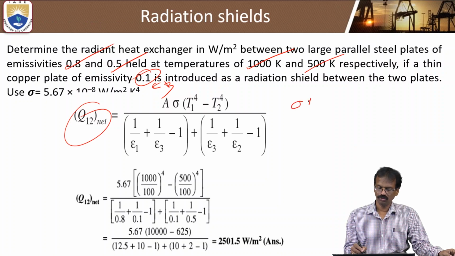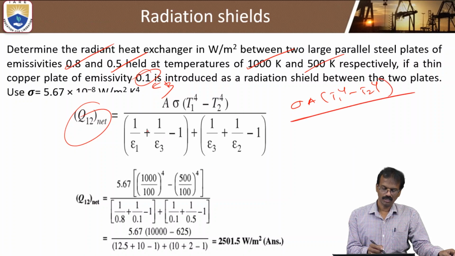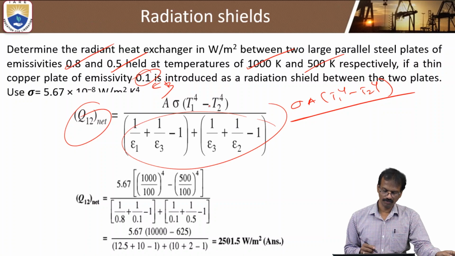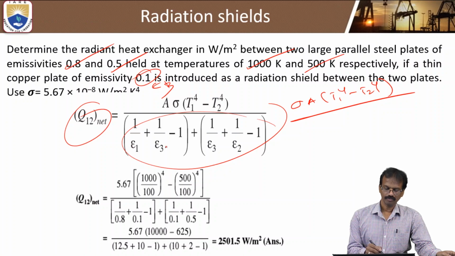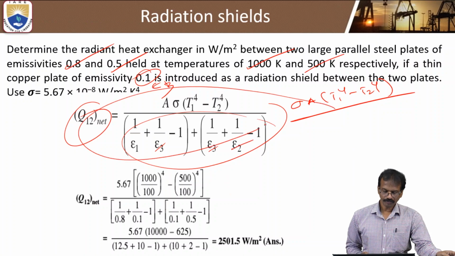You know that formula: A sigma (T1 to the power of 4 minus T2 to the power of 4) by (1 by epsilon 1 plus 1 by epsilon 3 minus 1 plus 1 by epsilon 3 plus 1 by epsilon 2 minus 1), considering the shield also. So this is the Q net. If you substitute all the values, epsilon 1 is 0.8, epsilon 3 is 0.1, epsilon 2 is 0.5, then we'll get the rate of heat transfer between the two plates with the effect of the shield.